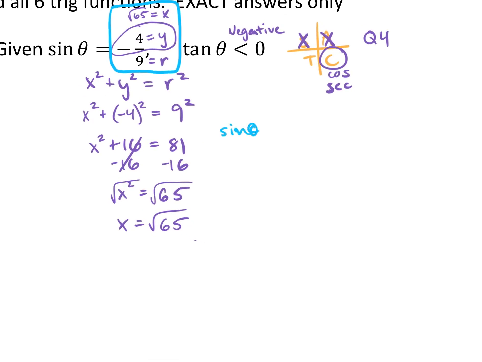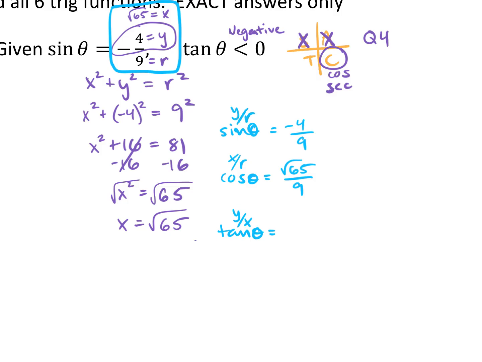So sine was given. That's negative 4 over 9. Cosine is what over what? X over r, so square root 65 over 9. Tangent is what over what? Y over x.